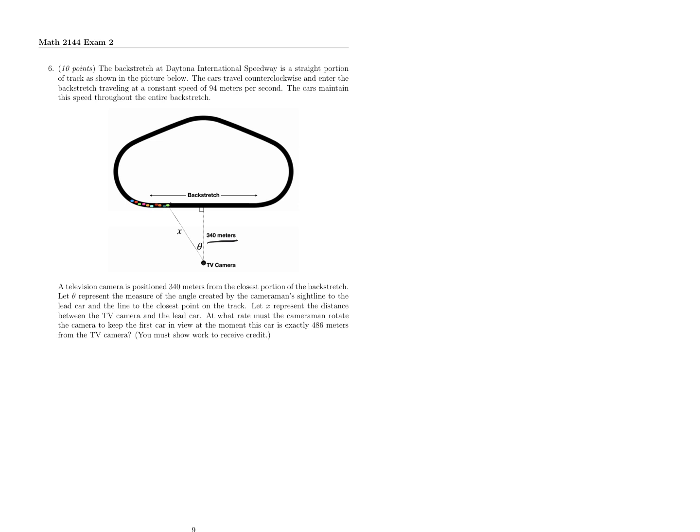And we want to find the rate of change of rotating the camera. So we want to find d theta/dt. And it gives us that, at the moment, the car is exactly 486 meters from the TV. So they give us x at some point, 486 meters.